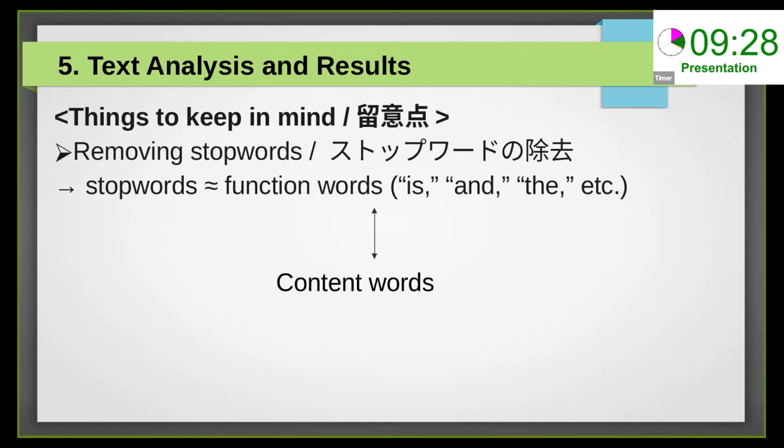And in this connection, I have to remind you that too less frequent words are also removed by the minimum frequency, which is one of the most important parameters of Word2Vec. And by removing stop words, too frequent words are also removed.